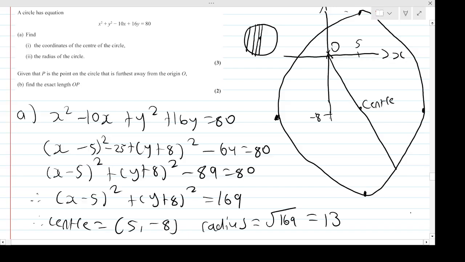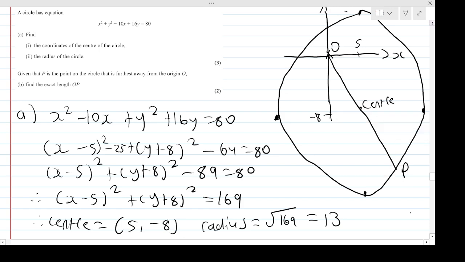So with that in mind, to get the furthest distance to the outside of the circle, if we're inside the circle, we're going to have to go on the diameter. So it's going to have to pass through the centre, and then from the centre to whatever this point is, which would then be P, roughly.